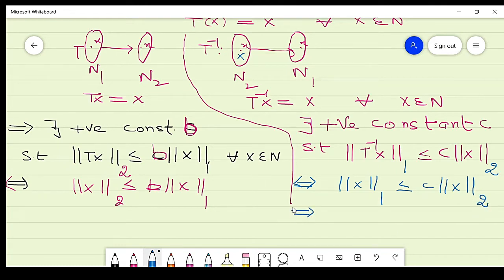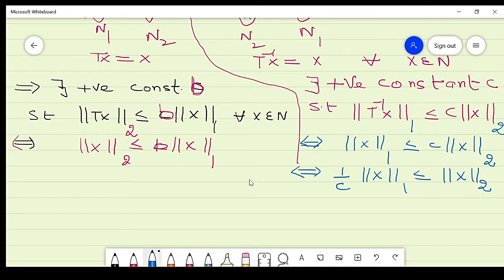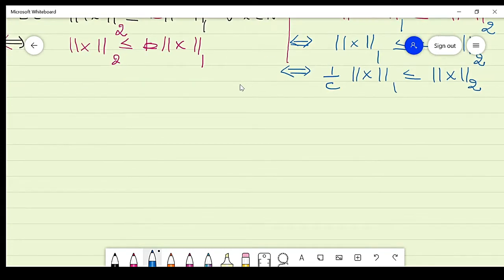If and only if this is 1 by C norm of x1 less than or equal to norm of x2, right? Now by using the result, what is C? C is a constant, so 1 by C is also a constant. So this can be written as A into norm of x1 less than or equal to norm of x2, right?